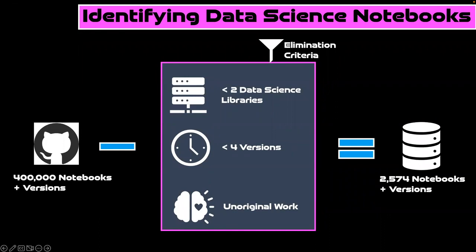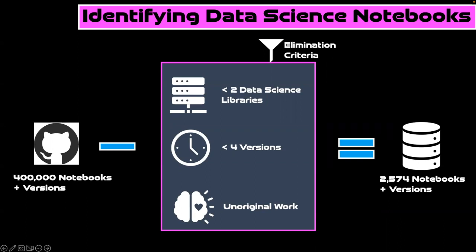Through our own exploratory analysis of these notebooks and their versions, we realized that not all notebooks are data science oriented, contain enough versions for observation, or contain original work. So we identified 3 different filtering mechanisms. First, to ensure that notebooks in our corpora were data science oriented, we eliminated notebooks that did not invoke or use at least 2 popular data science libraries.